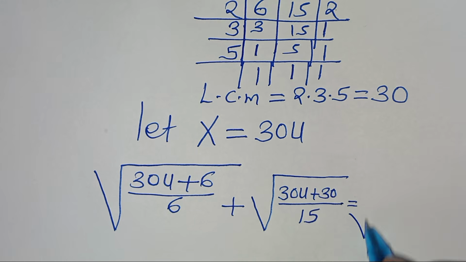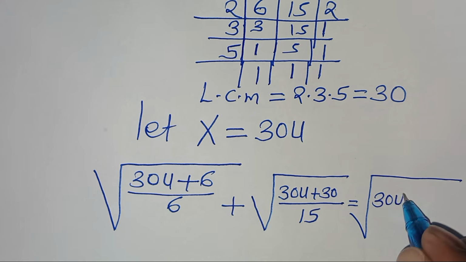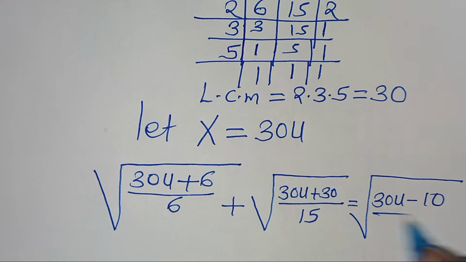This is equal to the square root of x minus 10, which is 30u minus 10, divided by 2.